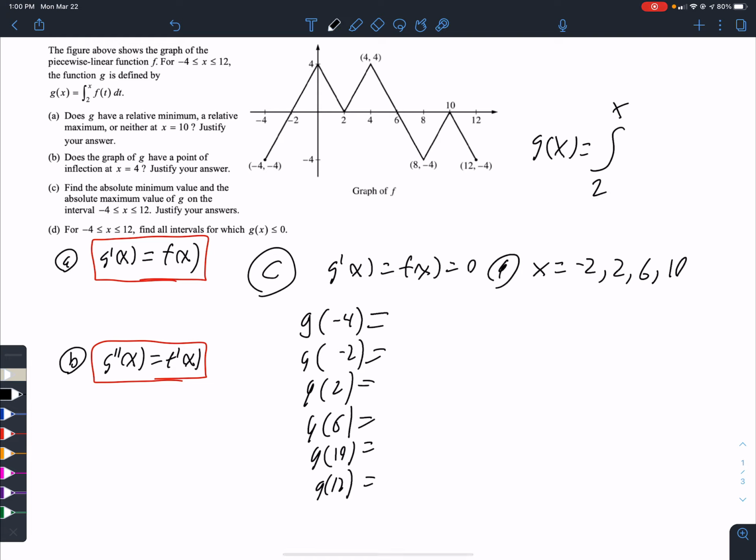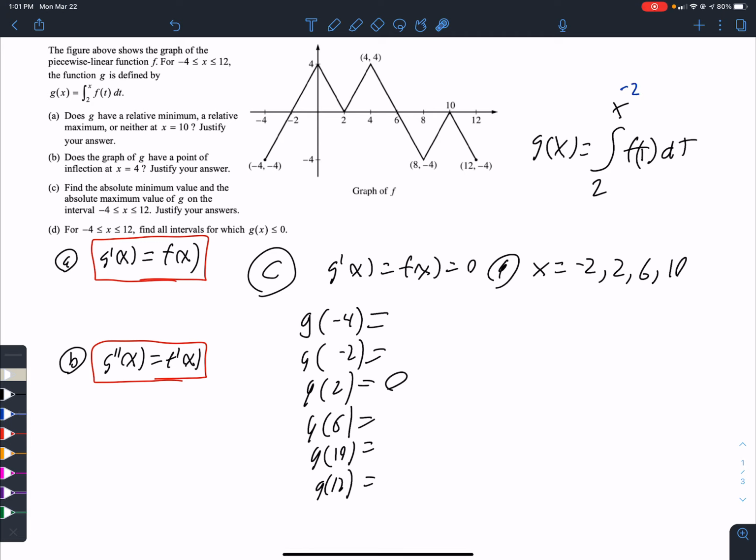So we're going to integrate. Some of them are easy. 2, if you put a 2 there, the net area from 2 to 2 is 0. I'm done. 0. That's easy. What if you put a -2 here?